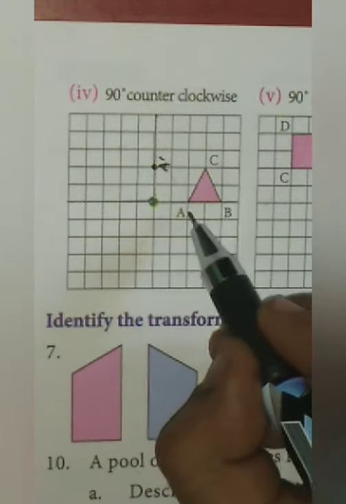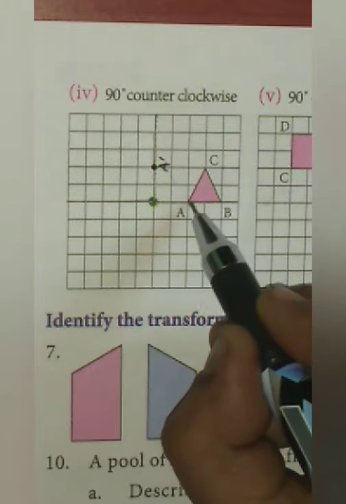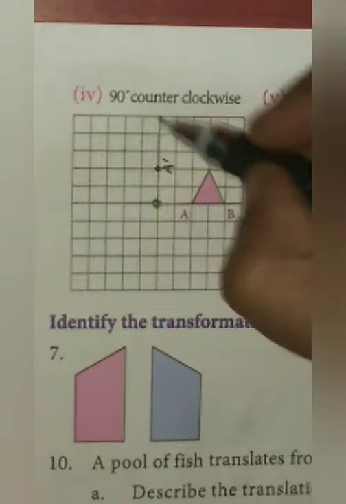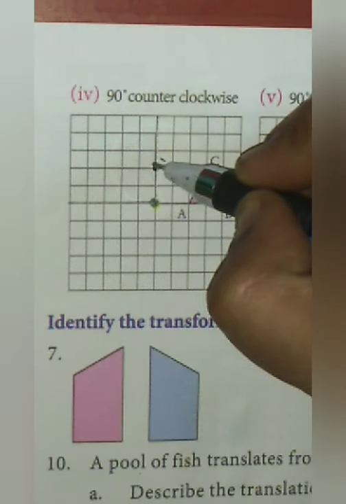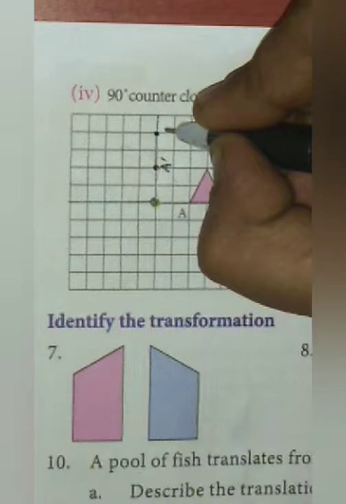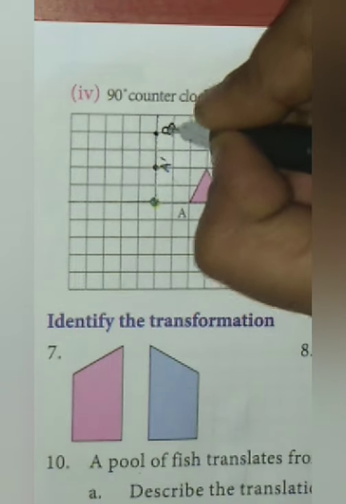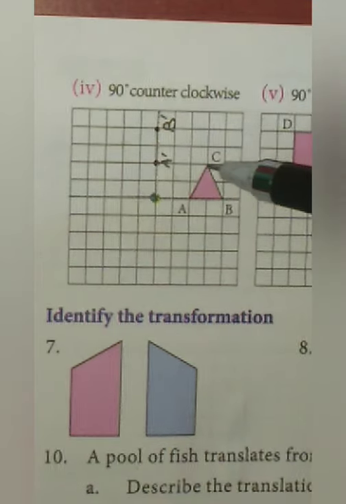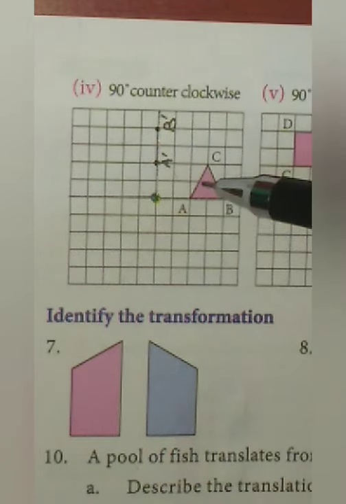Then again from A, B is 2 units away from A. So from here you leave 2 units and place a dot and denote it as B dash. C lies in the middle of AB, but C is 2 units away from the line AB.